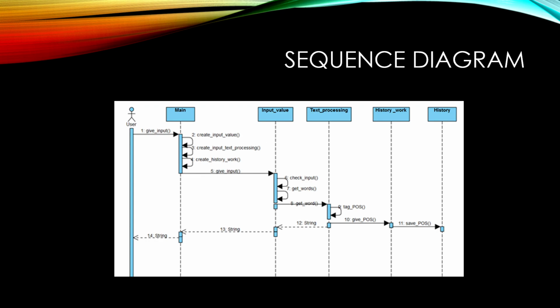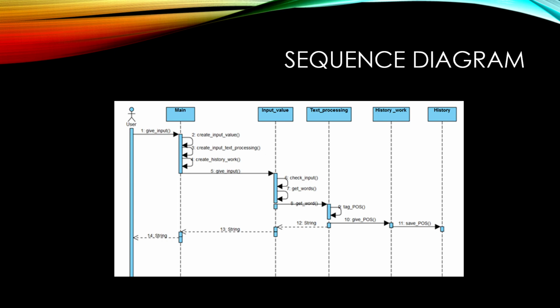Then we have the sequence diagram, which shows us that the user gives input, then in main we have creation of objects of other classes, and the input is given to input value. Then we check input and get words, either a string or some big text, and we need to get the words of this text.